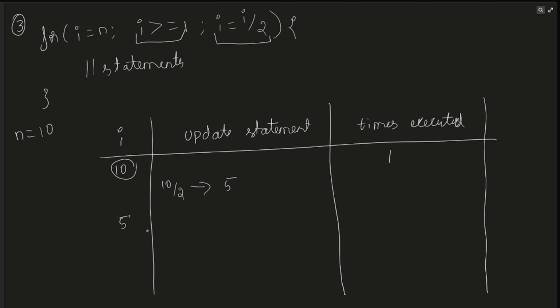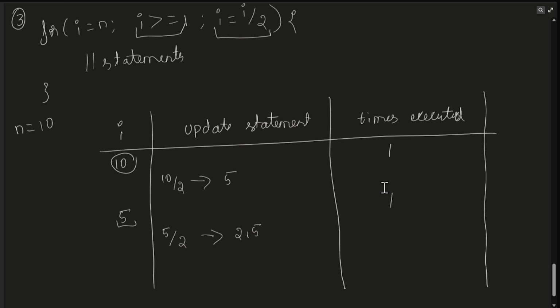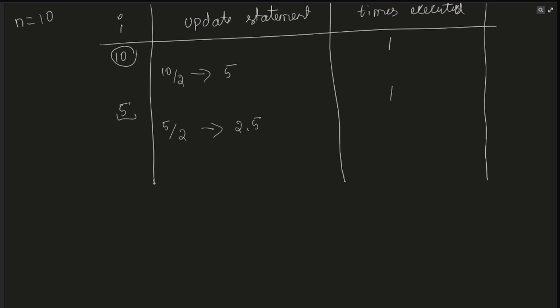5 is greater than or equal to 1. Statements inside the for loop get executed. Now the for loop update statement will be triggered, which will take the value of I divided by 2, which becomes 2.5. An integer will store this as 2, but for our understanding purpose we'll consider 2.5.